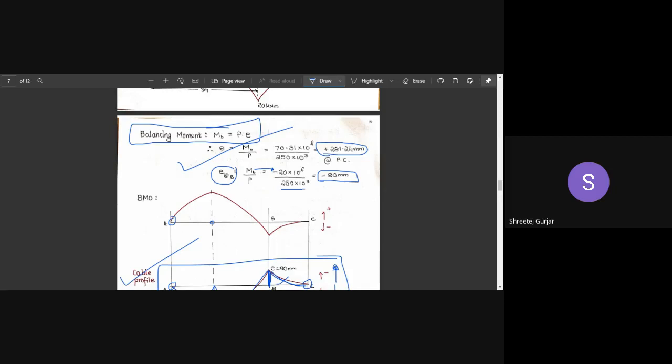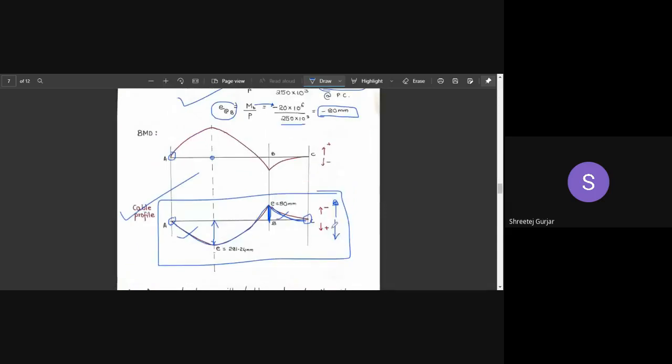So remember, MB is equal to P into E. Only thing that you need to remember is balancing moment, MB is equal to P into E, and you can calculate eccentricities at your required points. And remember, eccentricity is positive when you go below the CGC, and eccentricity is negative if it is above your CGC.